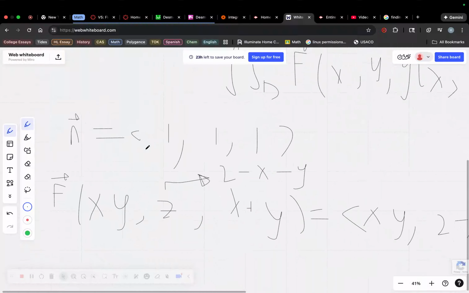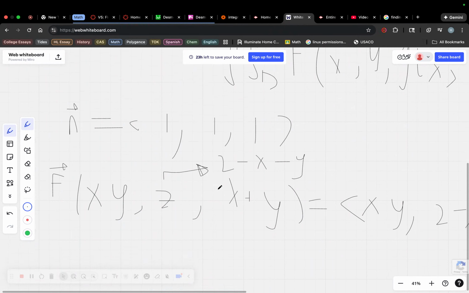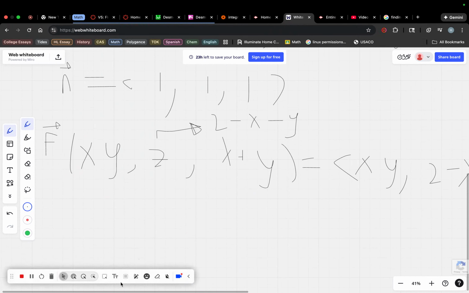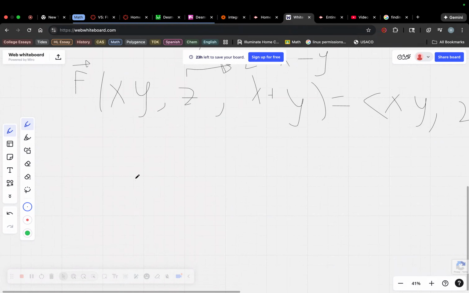All right, so now we have to solve for our integral here. Or plug in, not solve yet. So now we could rearrange f dot n.